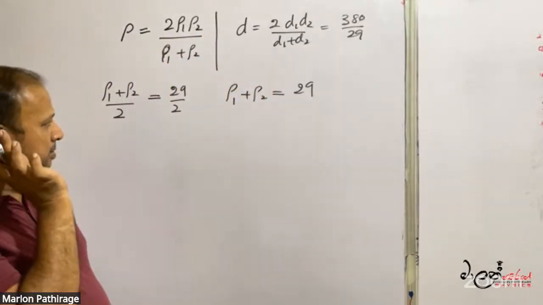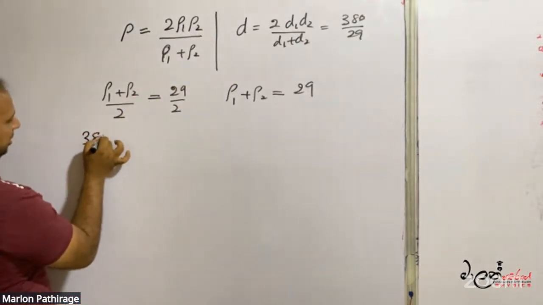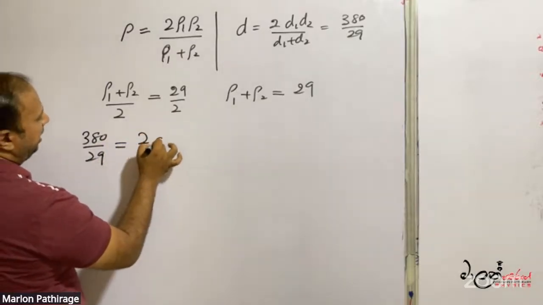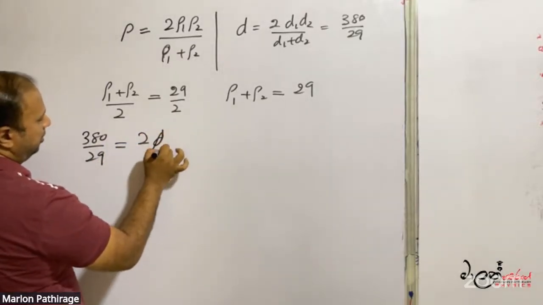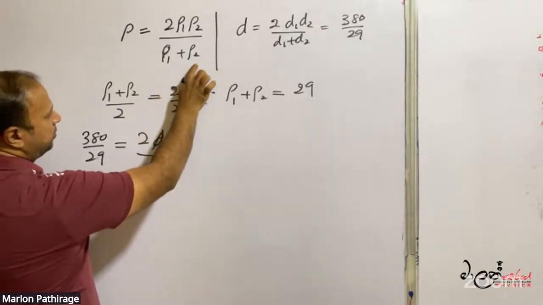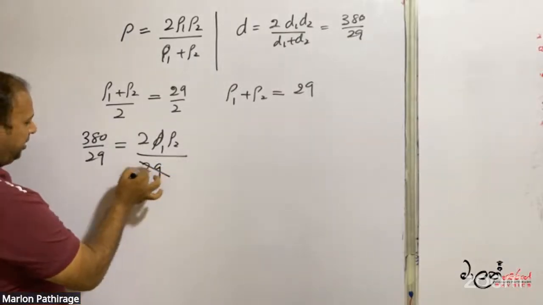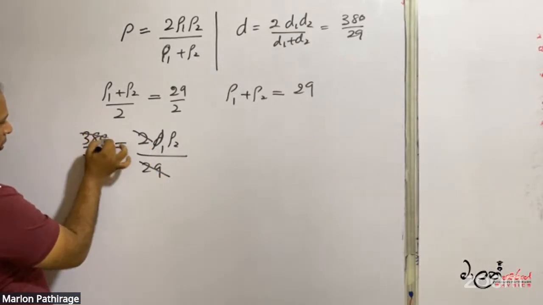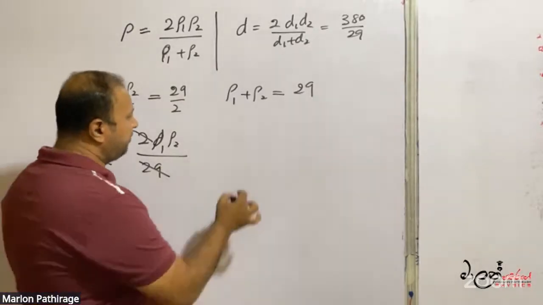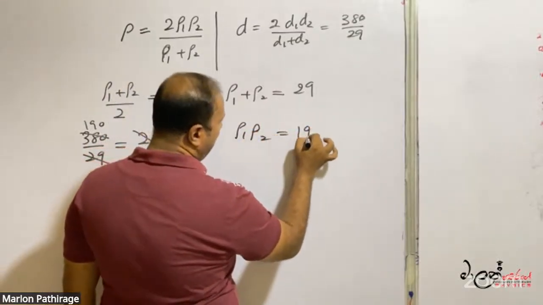Therefore, 380 over 29 is equal to 2 times rho 1, rho 2 over rho 1 plus rho 2, which means 29. Therefore, 29 and 29 will be cancelled out, 2 and 380 will be cancelled out. Therefore, rho 1, rho 2 is equal to 190.